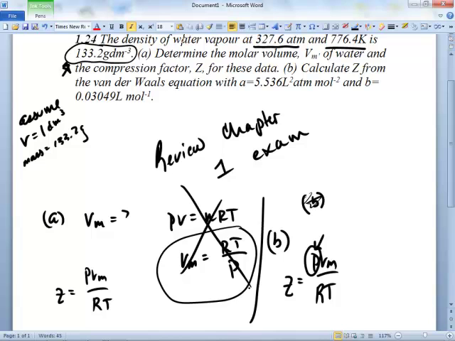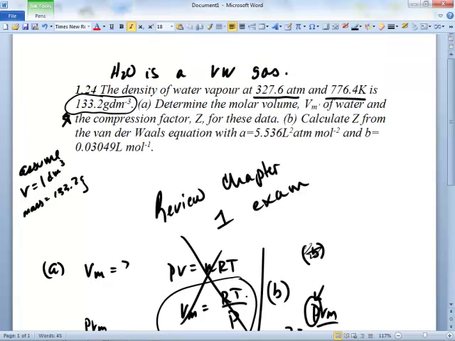So at the very beginning, if you want to get the answer, I'll accept either one, right, for that. But if this is on the test, I've got to change this question. Water is a van der Waals gas. Assume water follows the van der Waals equation of state. That should be the first sentence.